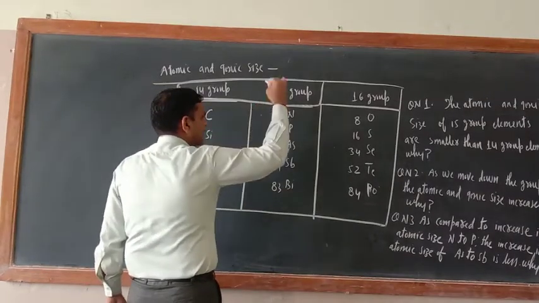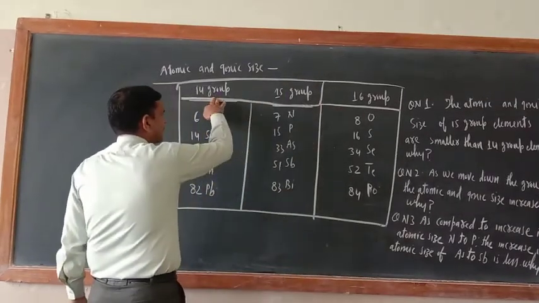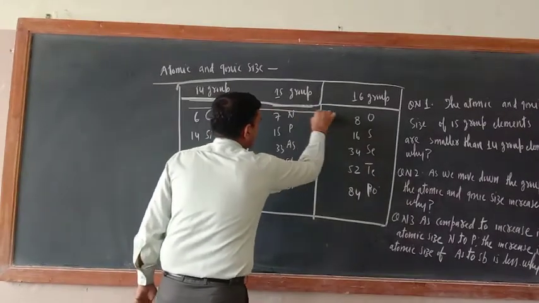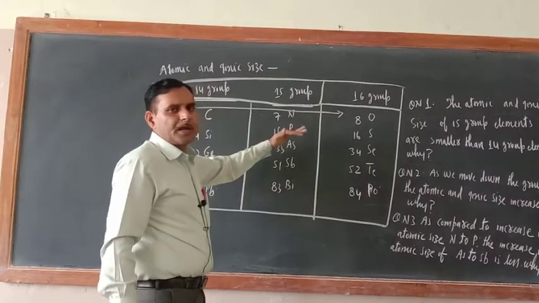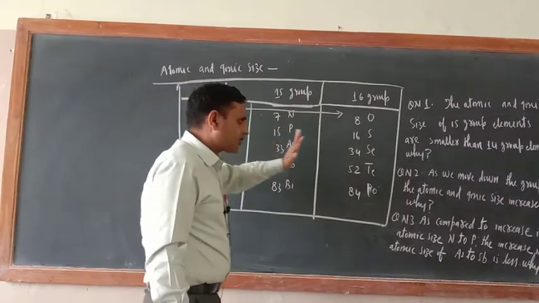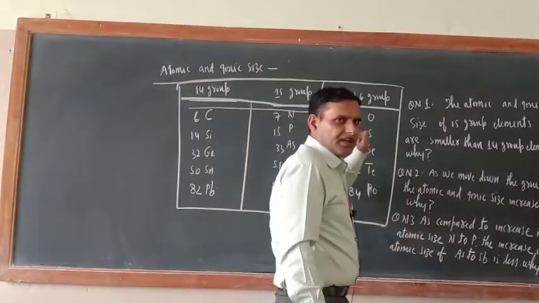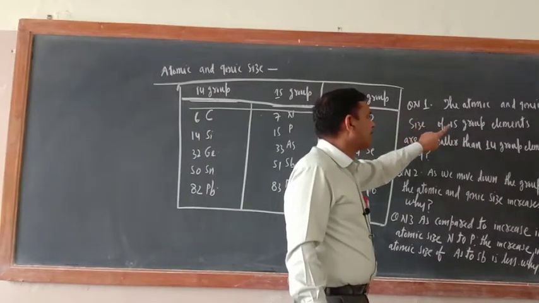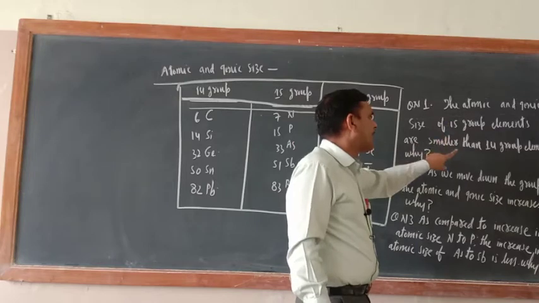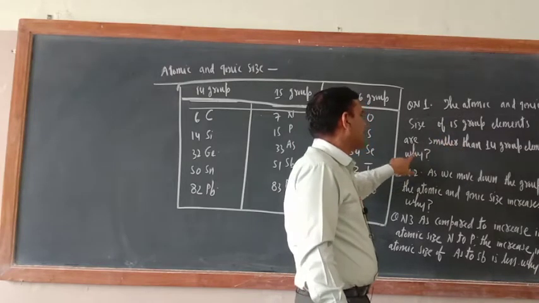The 15th group is to the right hand side of the 14th group, meaning we are moving left to right in the periodic table. Here 3 questions are possible. The first question: the atomic and ionic size of 15th group elements are smaller than 14th group elements. Why?